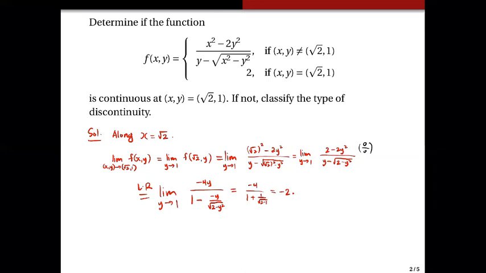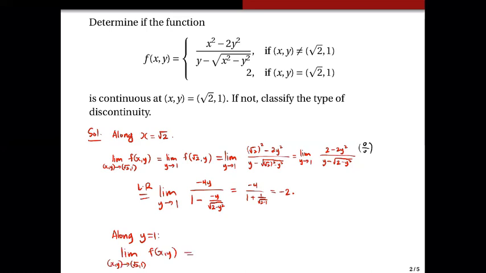Now, suppose let us check the line y equals 1. So the original problem, we will have the limit of f of x comma y as x comma y approaches square root of 2 comma 1.